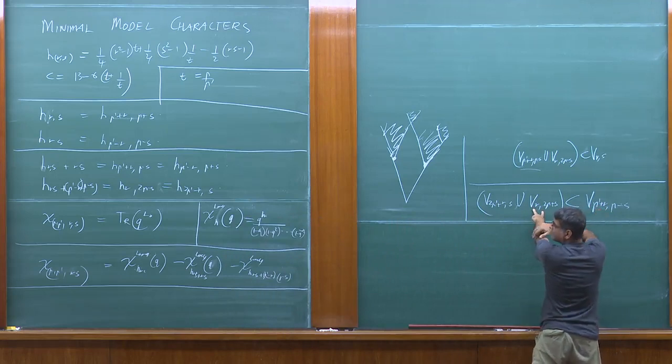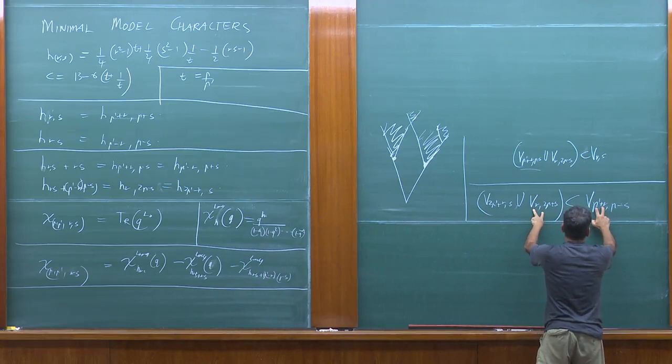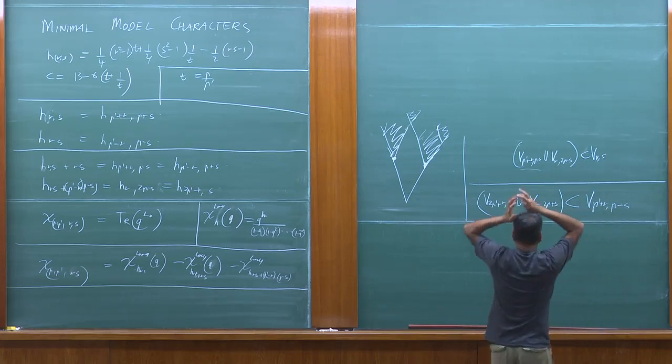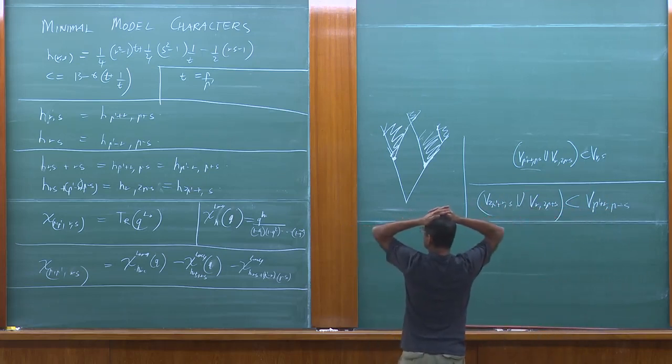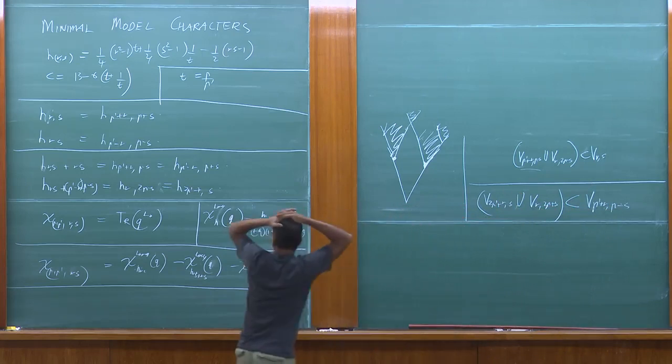Because you get P prime minus R. So this, P prime minus P, what am I saying? P prime, sorry, just a minute. Where is this coming from?